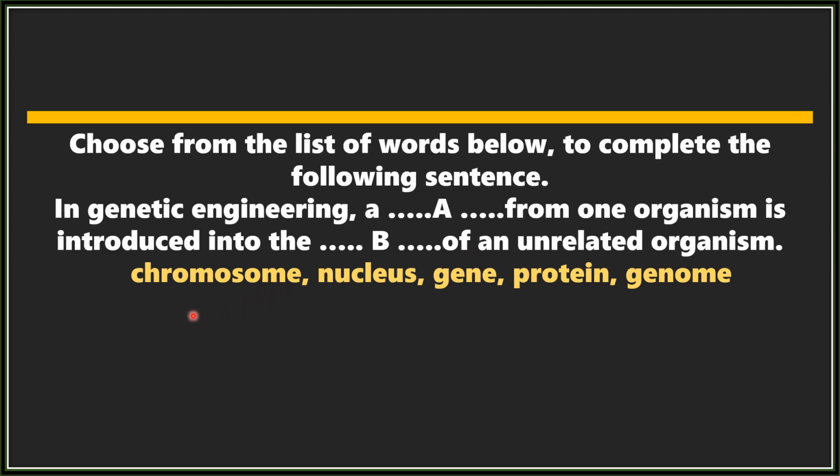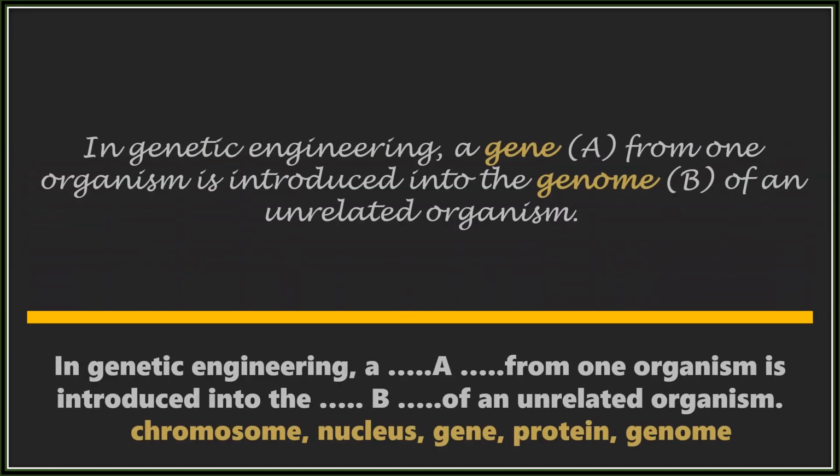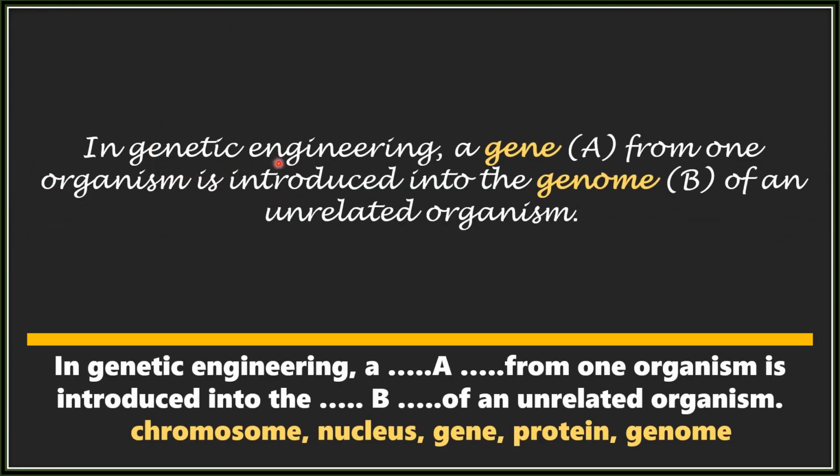The words to pick from are chromosome, nucleus, gene, protein, genome. Pause the video and fill in the words. In genetic engineering, a gene from one organism is introduced into the genome of any related organism.